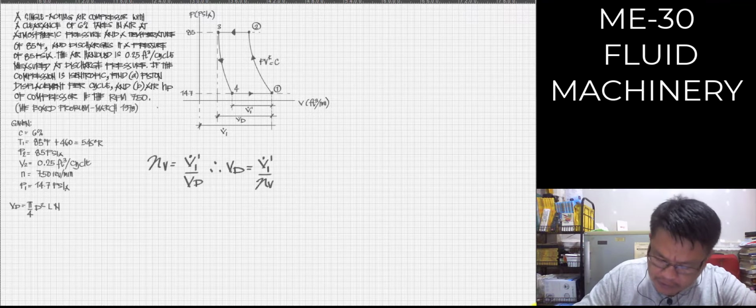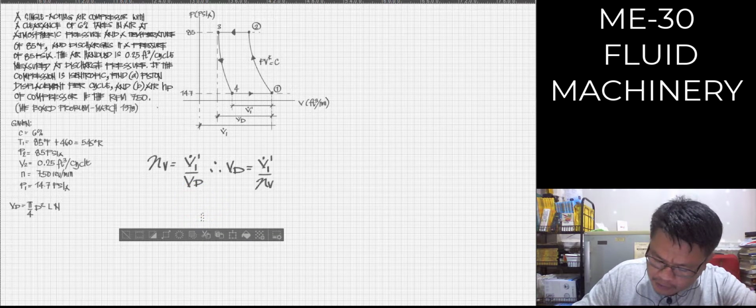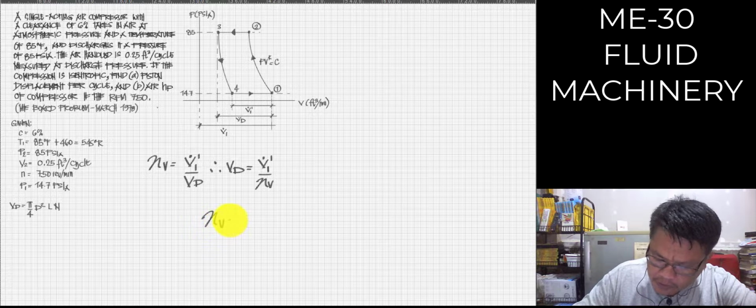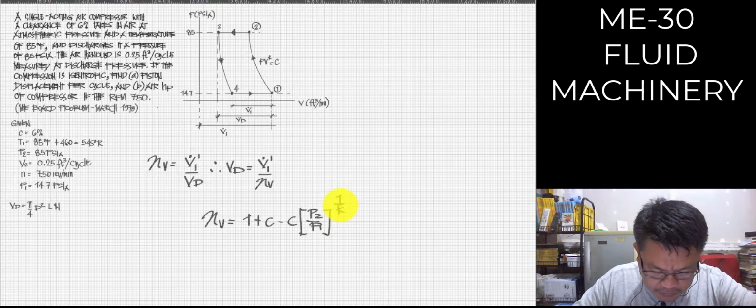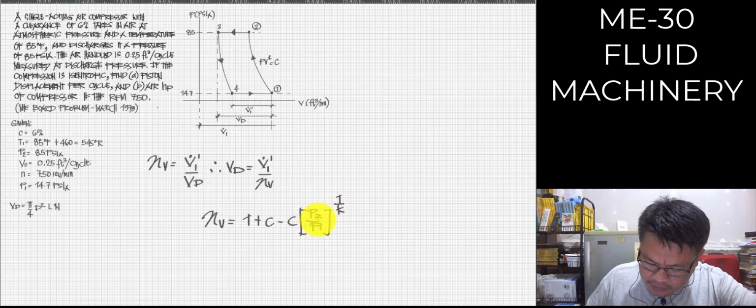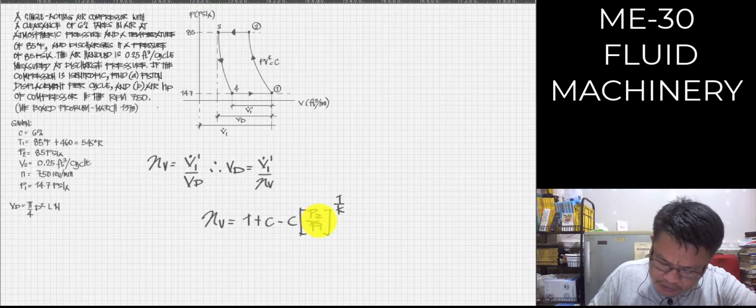Now, our equation for the volumetric efficiency, so that is, we have the volumetric efficiency will be 1 plus C minus C, then multiplied by P2 over P1, okay, so this is raised to 1 over K. Now we have the clearance given in the problem, so that will be 6%, and we have P2, so the pressure 2, that is 85, and we have P1, so this can be solved now.